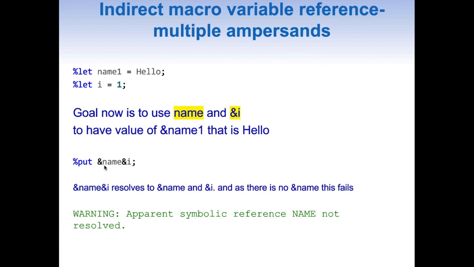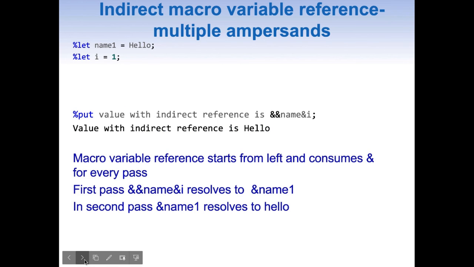If I do %put ampersand name ampersand I, what happens is, as we have not defined macro variable name, we are going to get a warning saying apparent symbolic reference name not resolved. But ampersand I is there, and ampersand I resolves to 1. So finally we are not able to resolve back to hello. How can we do this?